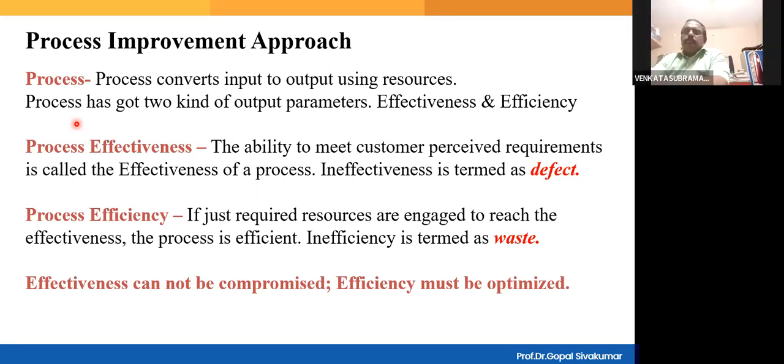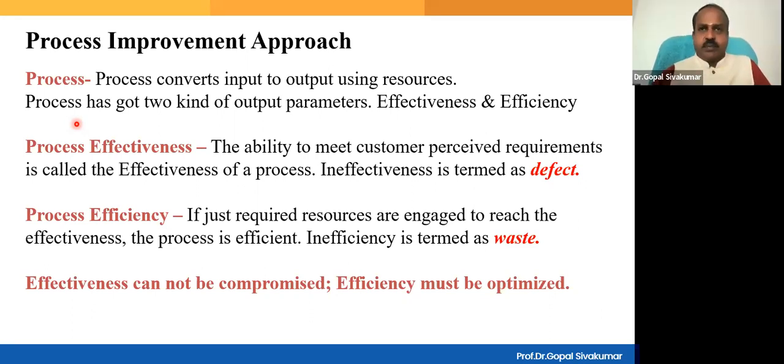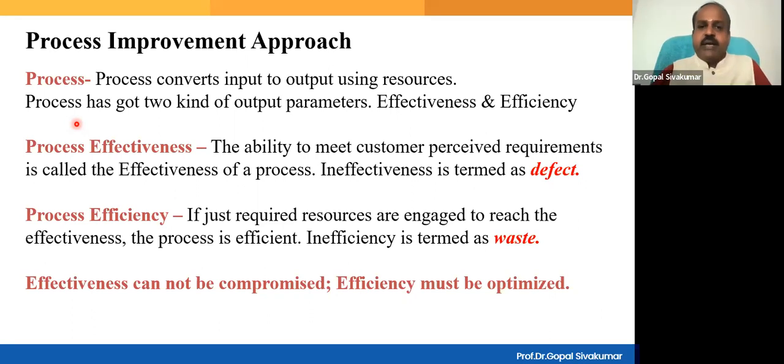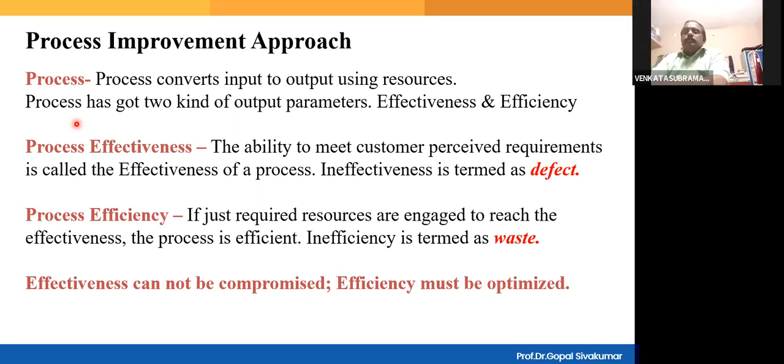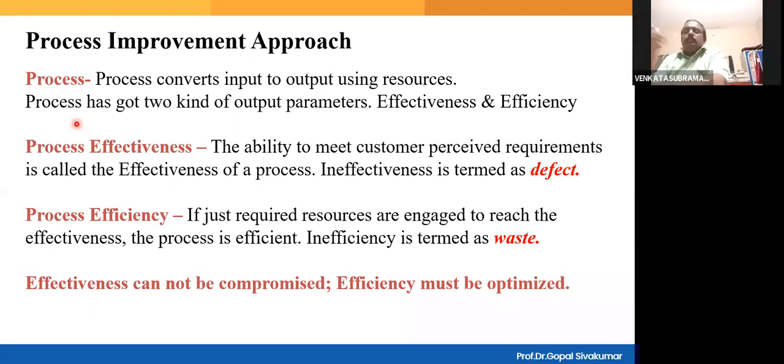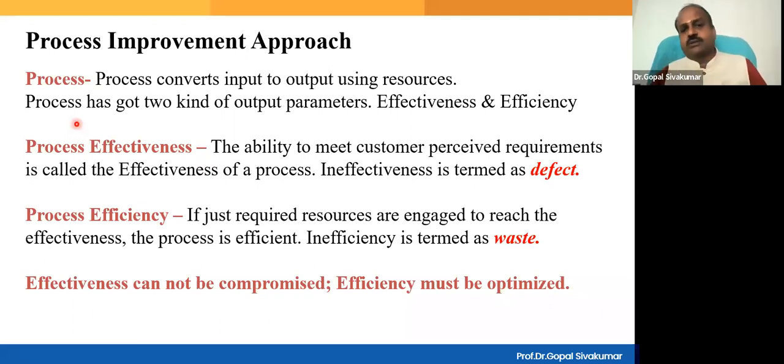If a particular work can be completed in 10 minutes, but the process cycle time is 20 minutes, your process should be called an inefficient process, because theoretically within 10 minutes the work can be completed, but the actual cycle time is 20 minutes. The extra 10 minutes in the cycle time, is it a wastage of resource? Definitely. Yes.